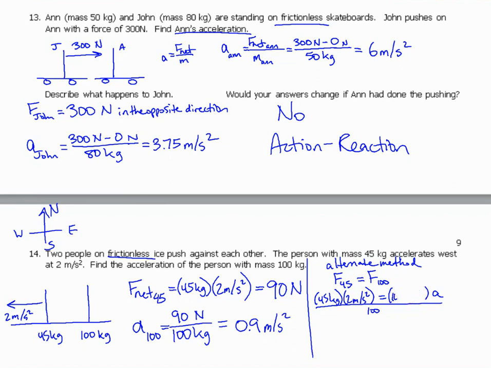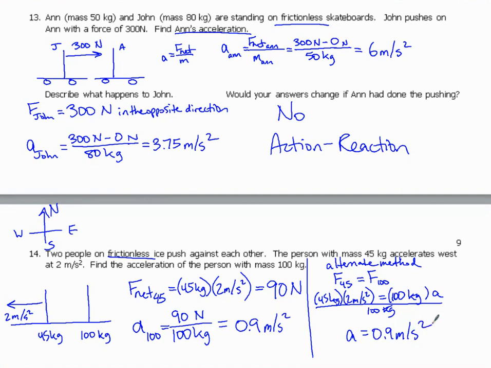That was 100 kilograms. We're looking for acceleration. So kilograms will cancel out, and we're going to have meters per second squared. 90 divided by 100, and we get 0.9 meters per second squared.